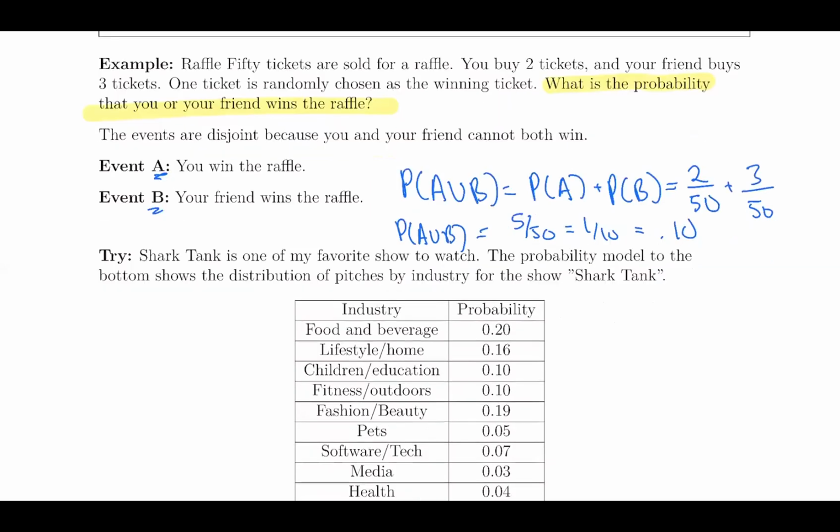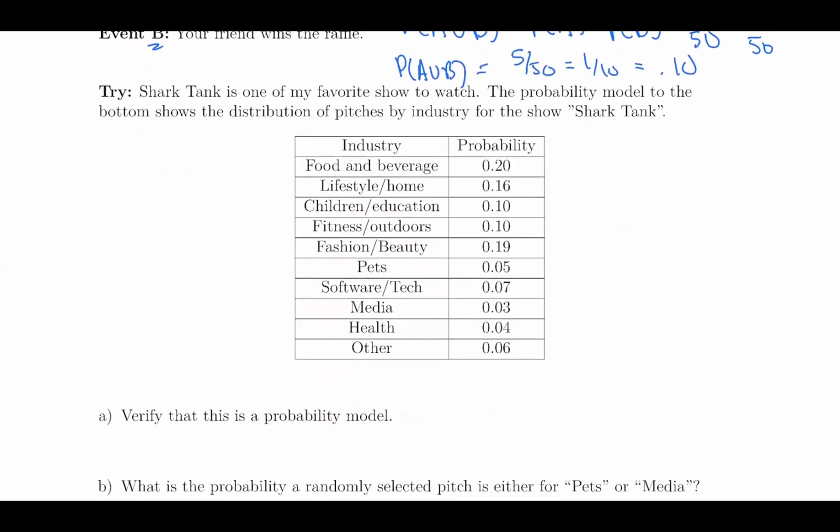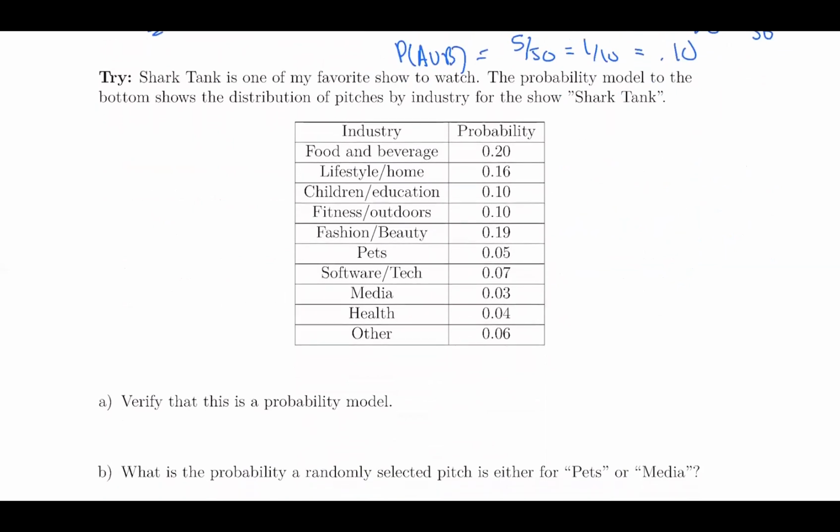Excellent. All right, so let's go ahead and do this problem for Shark Tank. It says Shark Tank is one of my favorite shows to watch. The probability model to the bottom shows the distribution of pitches by industry for the show Shark Tank. On the left-hand side, it has the industry, and on the right-hand side, it's the probability.